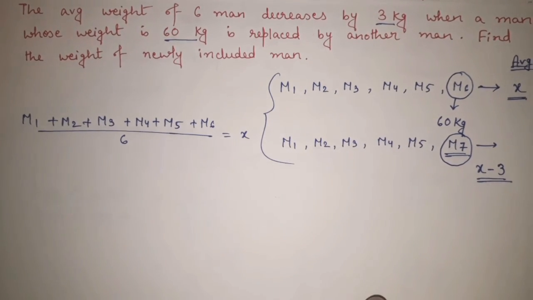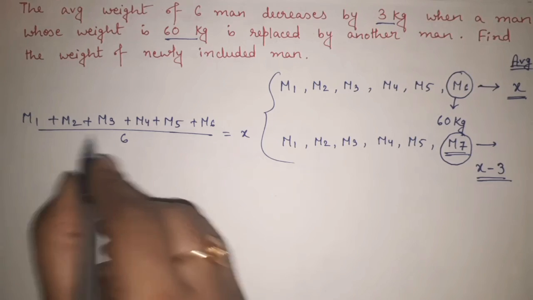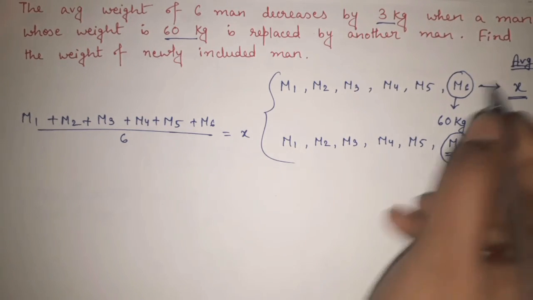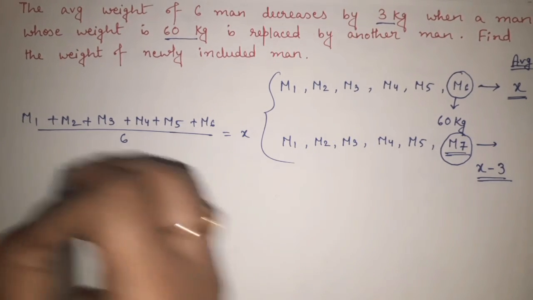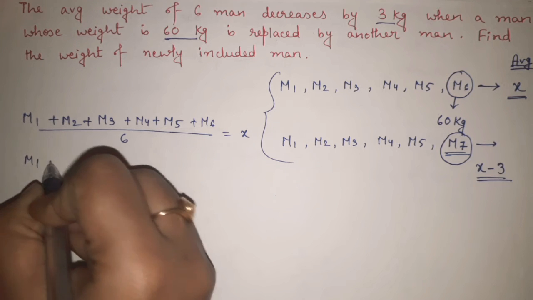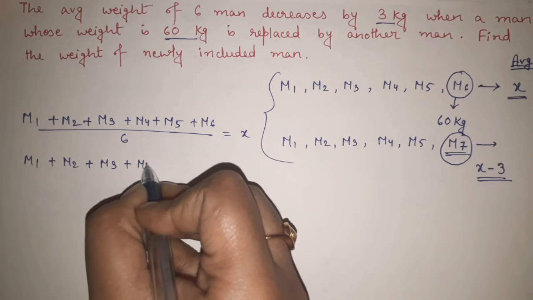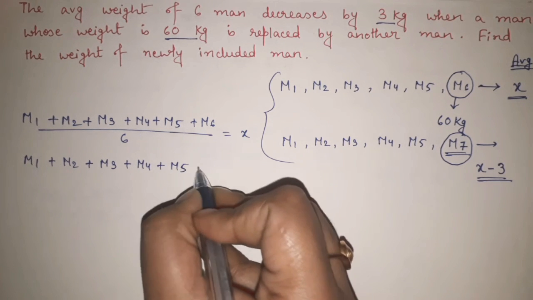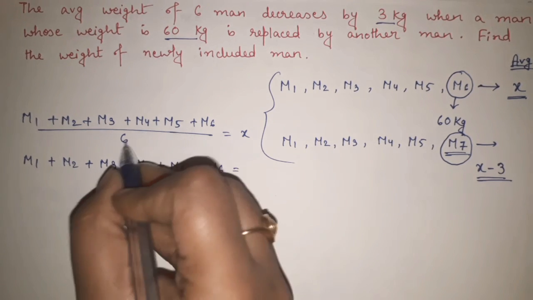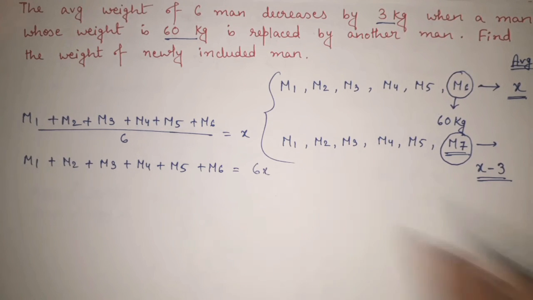We know that, simple average. So the sum of all these divided by 6 is equal to X. That means M1 plus M2 plus M3 plus M4 plus M5 plus M6 is equal to, this 6 will go there, so 6X. Fine. So this is one equation we got.